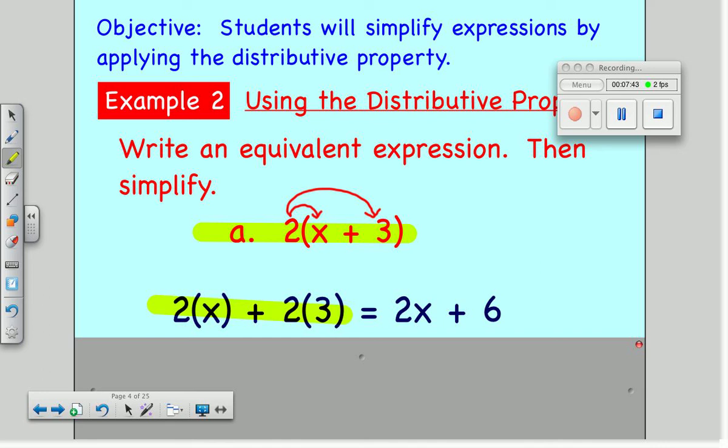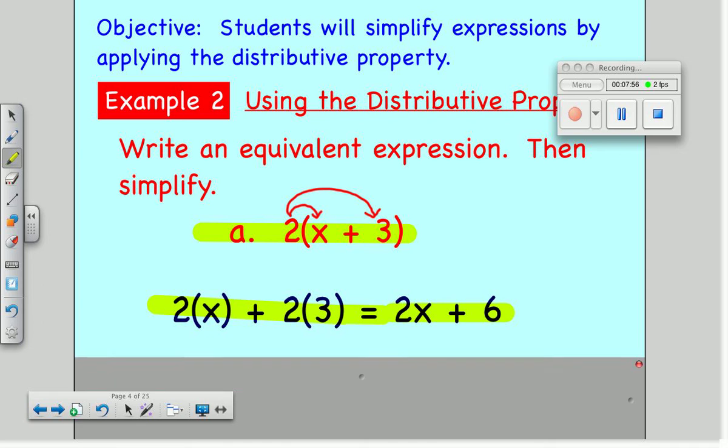So 2x is 2x, and 2 times 3 is 6. Now can I add these? 2x plus 6? No, you cannot. 2x plus 6 is your answer, okay? So, you can't simplify that anymore. The answer is 2x plus 6. That's just simply it.